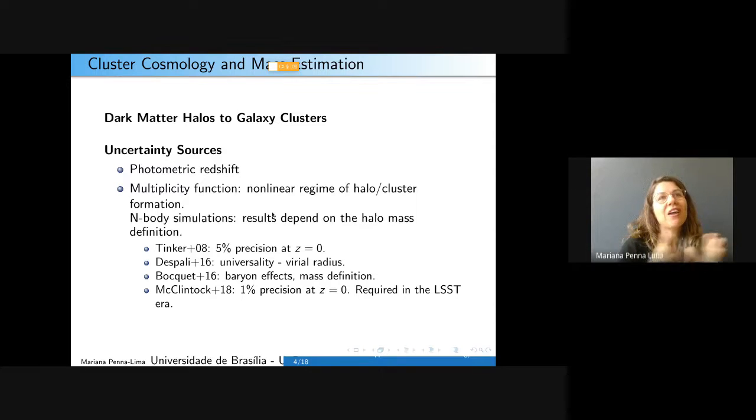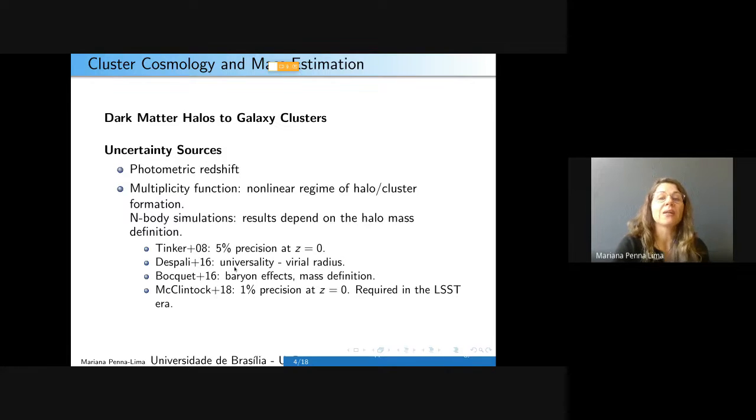We have the first one based on the analytical result, based on the spherical collapse from Press-Schechter, but we have been using results from numerical simulation, from N-body simulation, sorry. And we have, for example, Tinker 2008, Tinker et al., which provides a multiplicity function with 5% precision at redshift 0.